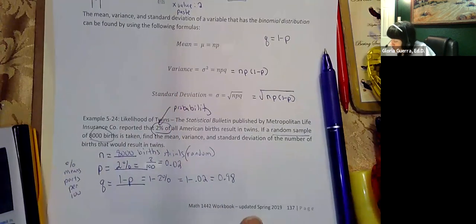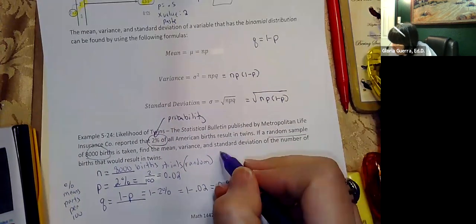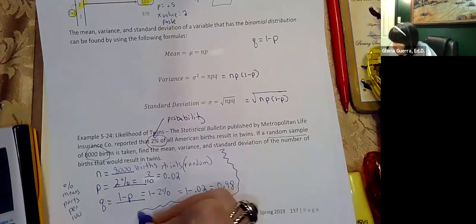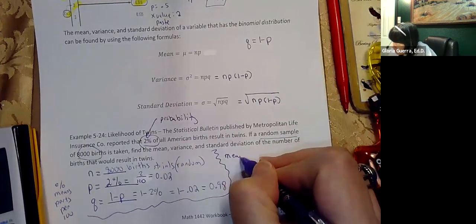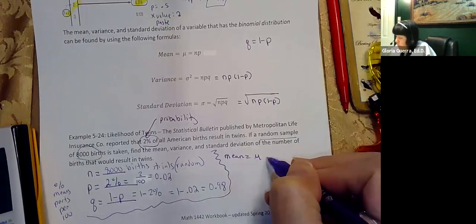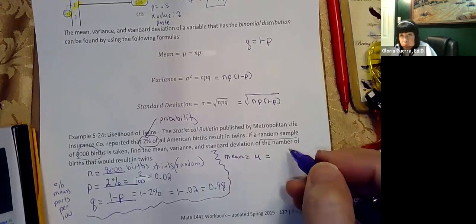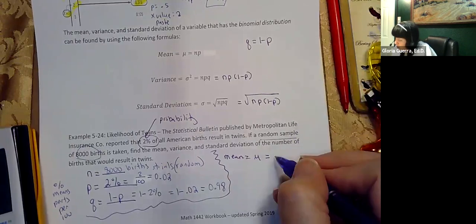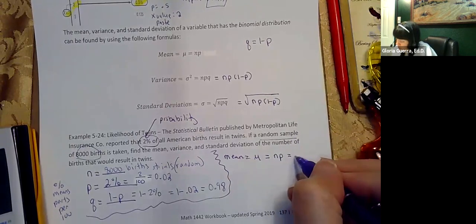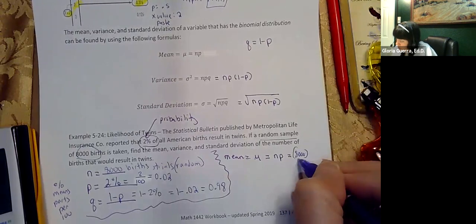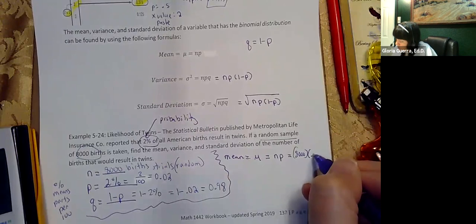So now when we find the mean, which is mu, you're not going to put x bar. Remember, you're going to use mu, and that's n times p. So n was 8,000 and p was 0.02.